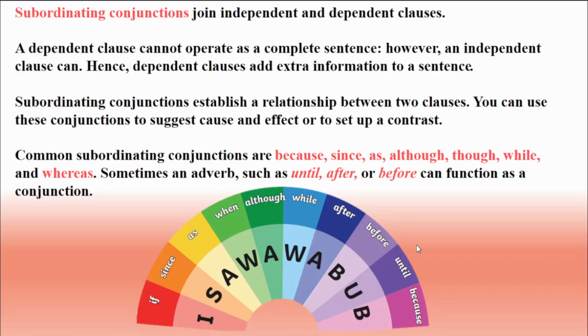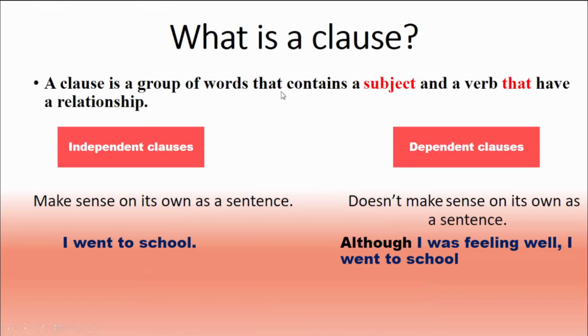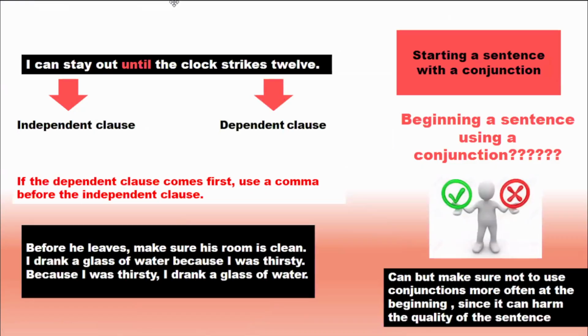Okay, so now you know what subordinating conjunctions are. Let's see how to use them. I move to the next. So you can say, I can stay out until the clock strikes 12. If you remove this part from the sentence, I can stay out is a meaningful sentence. That is what we call an independent clause.